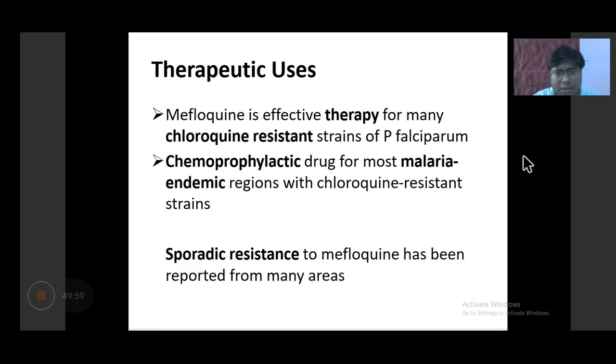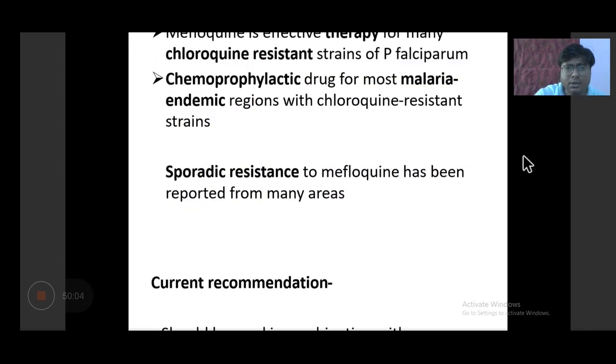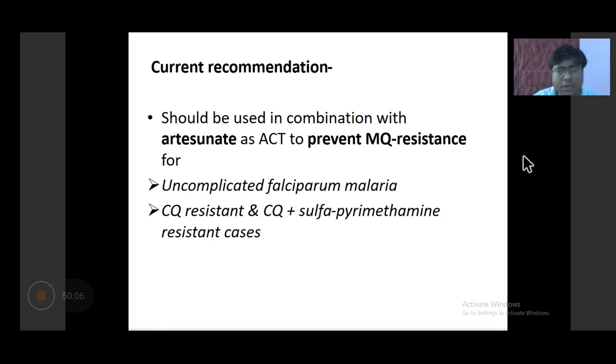Sporadic resistance to mefloquine has been reported from many areas, which is a difficult and unfortunate thing to report. So the current recommendation is that mefloquine should be used in combination with artesunate only, not alone, because of the development of resistance. It should be used in combination with artesunate as artemisinin combination therapy to prevent mefloquine resistance, for uncomplicated falciparum malaria and chloroquine resistant cases.